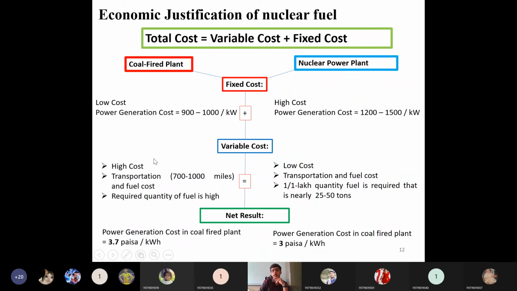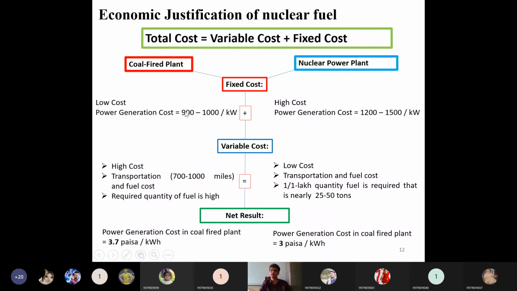In coal-fired plants, the required quantity of fuel is very high, so the transportation cost will be added. In the nuclear power plant, only 1 by 1 lakh of that quantity of fuel is required, just a fractional amount compared to the normal coal power plant. That's why the transportation cost will be low.